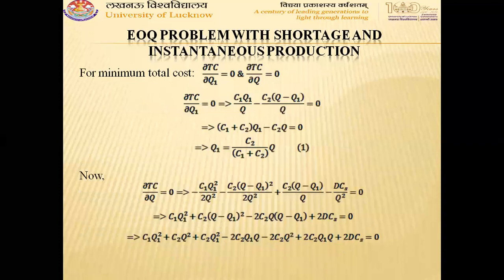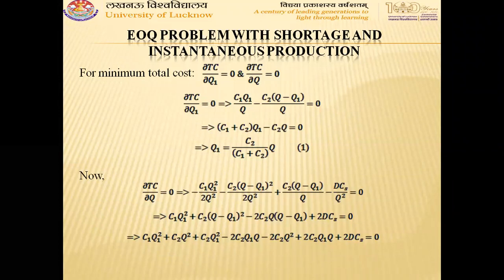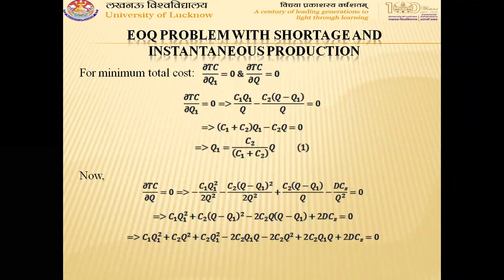So that is C1 Q1 upon Q minus C2 Q minus Q1 upon Q equals to 0. Taking LCM as Q, and taking Q1 as common, we can easily write it as C1 plus C2 into Q1 minus C2 Q is equal to 0, or Q1 equals C2 upon C1 plus C2 times Q. We can denote this as equation 1.